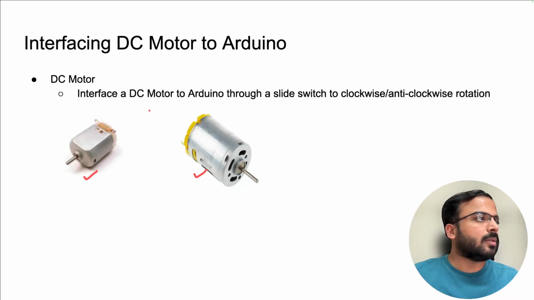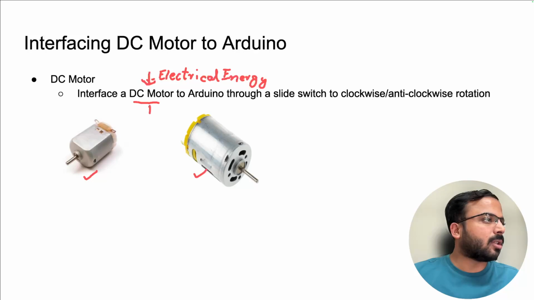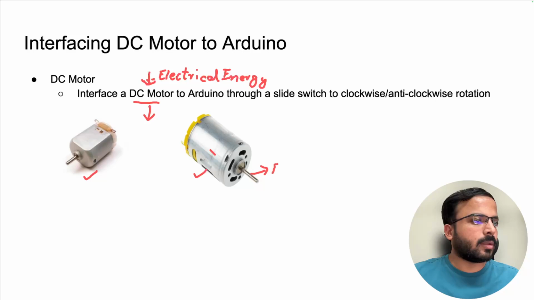So what is a DC motor? In general, the input will be some electrical energy, and the output is the rotor or the shaft, the rotor armature inside.